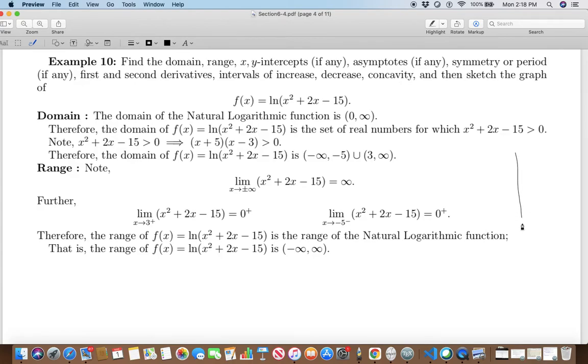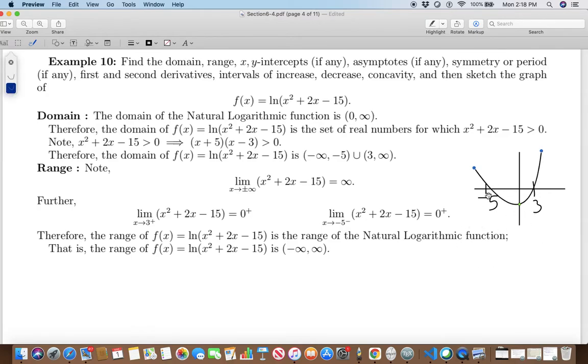The polynomial has intercepts at negative 5 and positive 3. And because the leading coefficient is positive, my parabola is going to open up. It's going to look something like this, roughly.